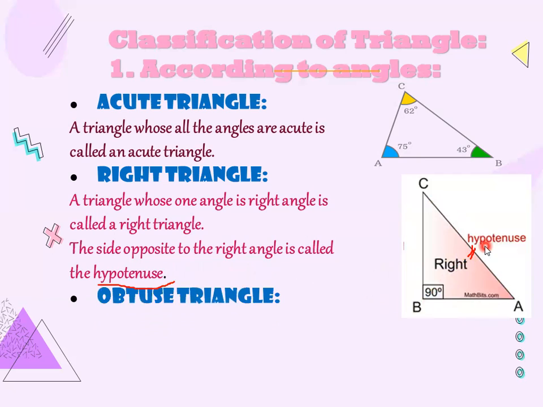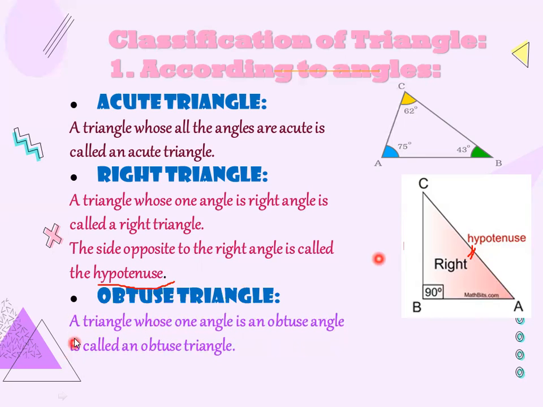Now, the last one is the obtuse triangle. What is an obtuse triangle? A triangle whose only one angle is an obtuse angle.